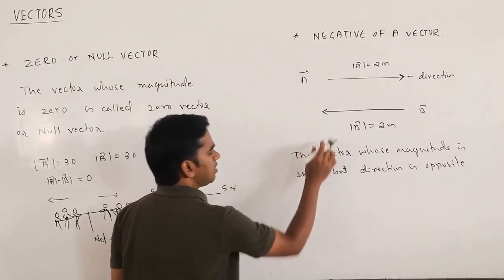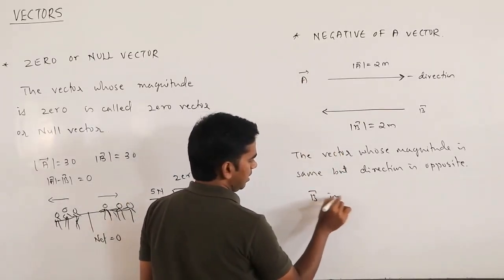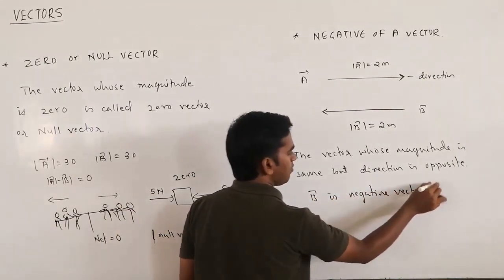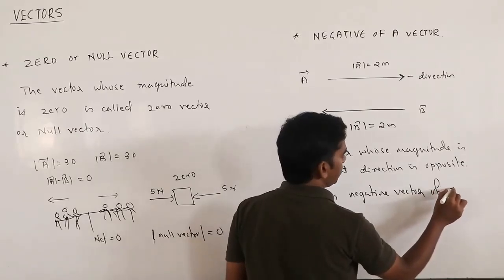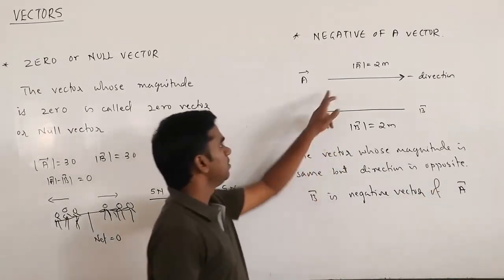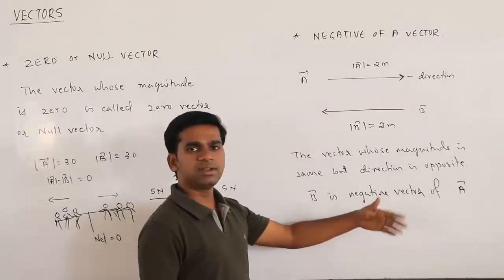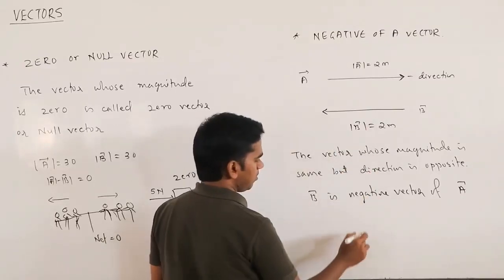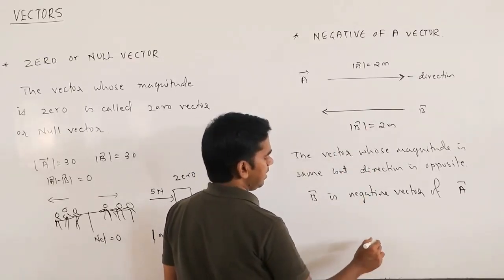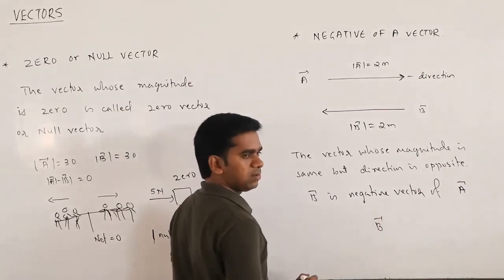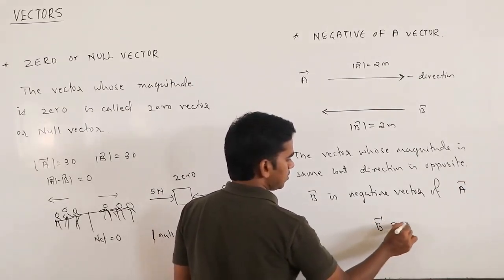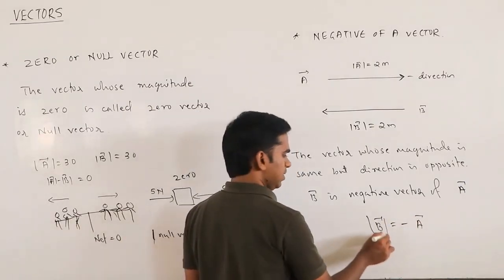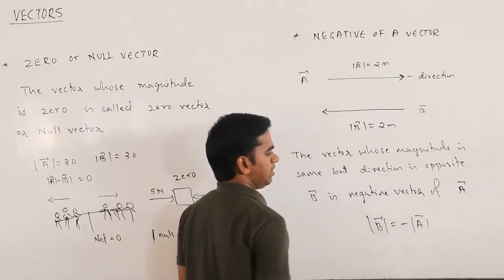Here vector B is the negative vector of A. In this example, vector B is the negative vector of A. If you want to write it in mathematical form, I can write vector B equals minus of vector A, or magnitude of vector B equals minus of magnitude of vector A.